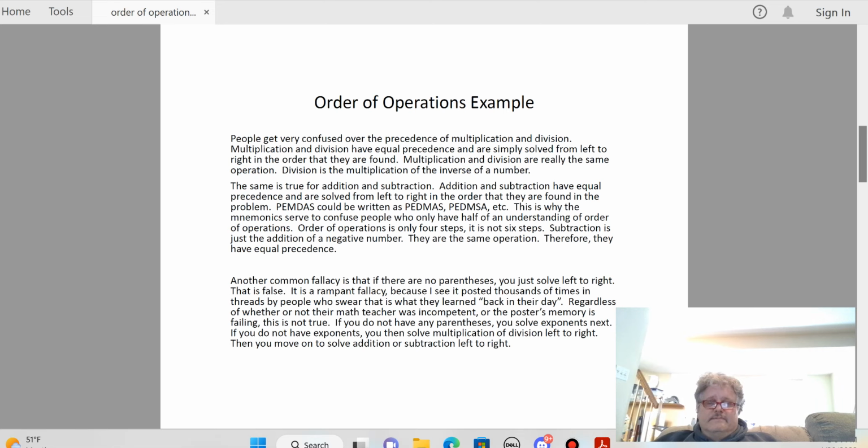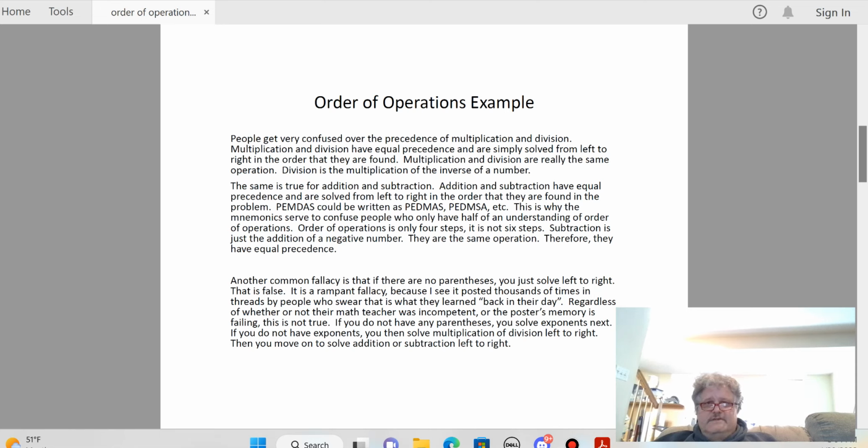I'm just saying here that there's a lot of different mnemonics. I've got another video that goes into more detail about PEMDAS and so on. Again, I mentioned the fallacy that people have, that if there's no parentheses, you just go left to right, and that's never been taught that way. I don't know where that got started.